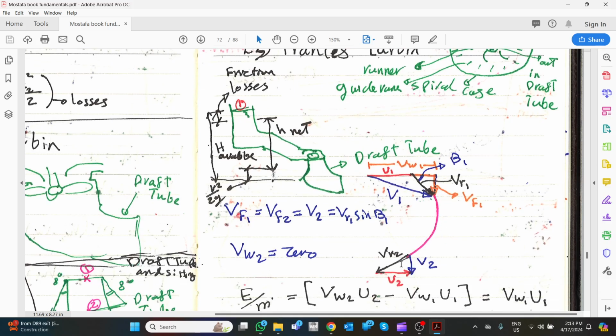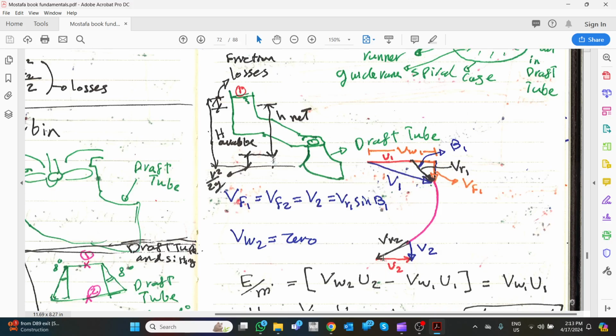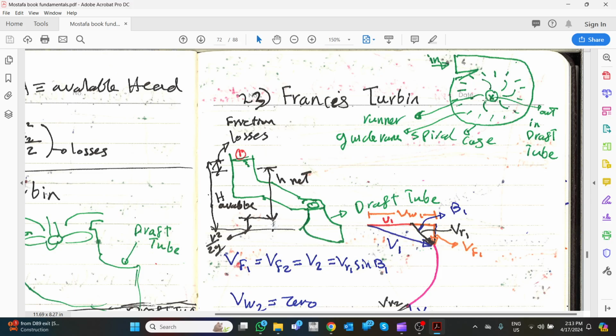Then the velocity will start to go out as a relative velocity. It will go out from here as a relative velocity. And we know that there is a u velocity, but take care because this one is rotating, and this radius is different.